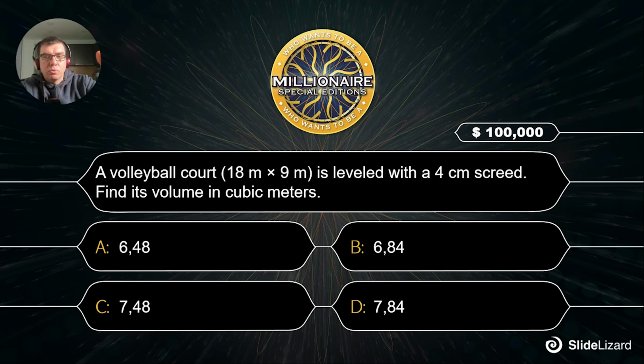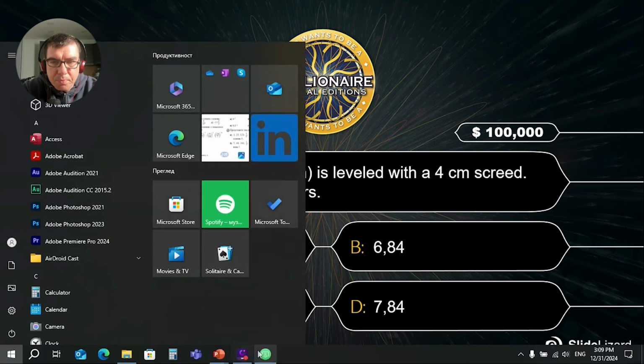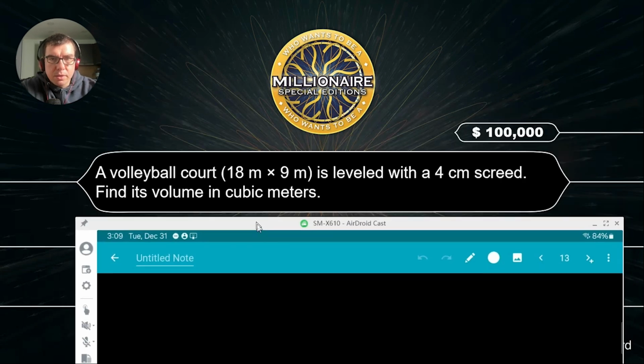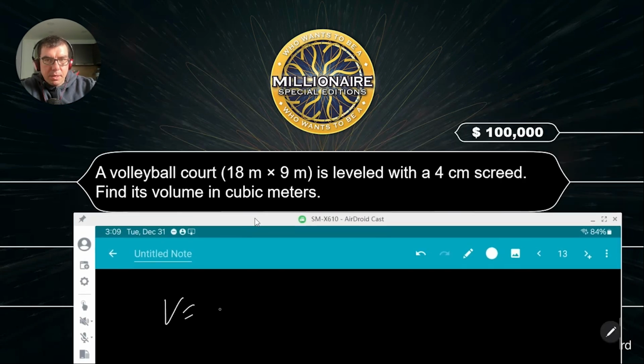Okay, just multiply. 5 seconds. Okay, let's multiply it together. So the volume is simply 18 times 9 times, and now this is 4 centimeters, converted into meters, 0.04.